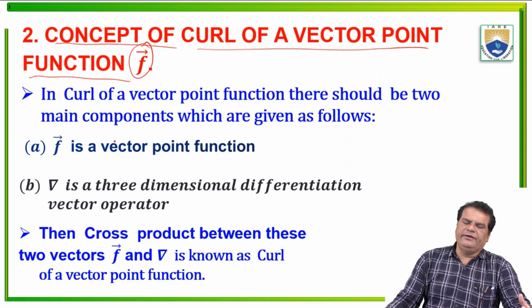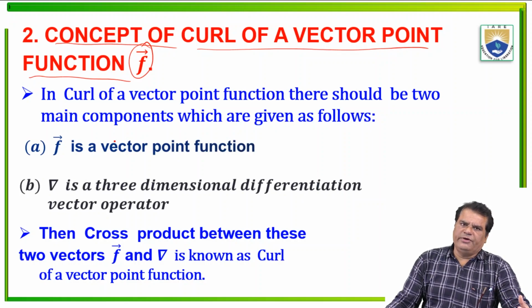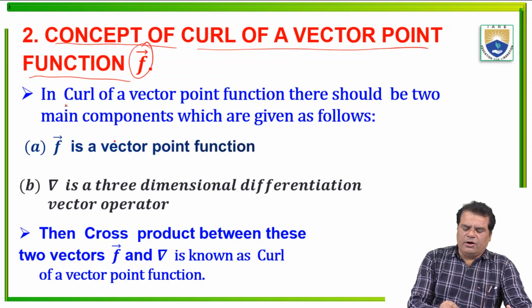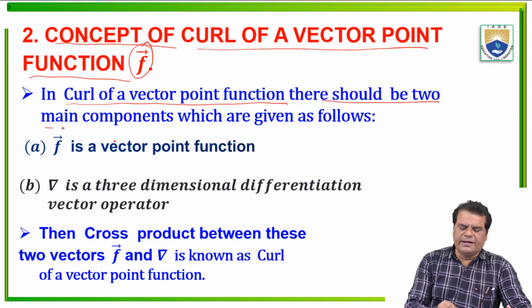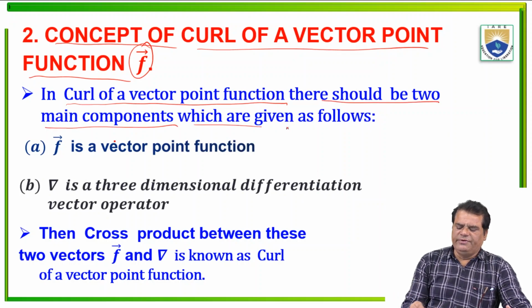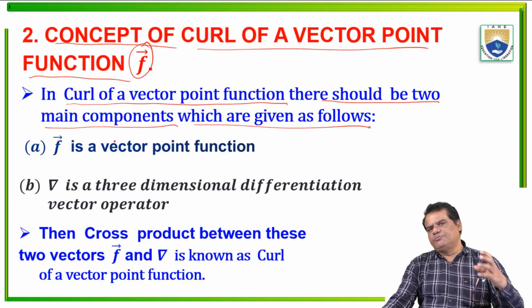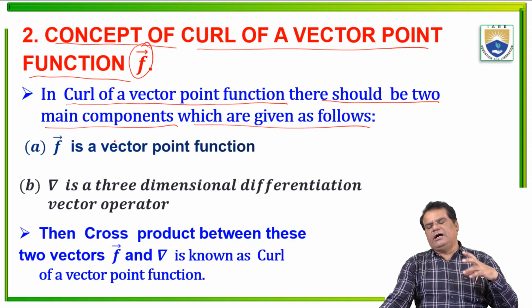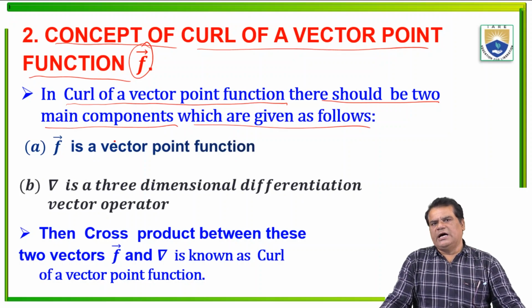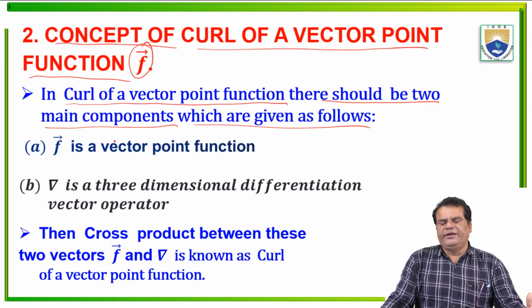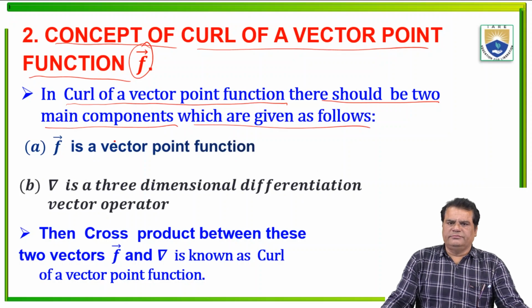We want to define what is curl of a vector point function. In curl of a vector point function, there should be two main components, which are given as follows. Without the two components, we can't define curl of a vector point function.